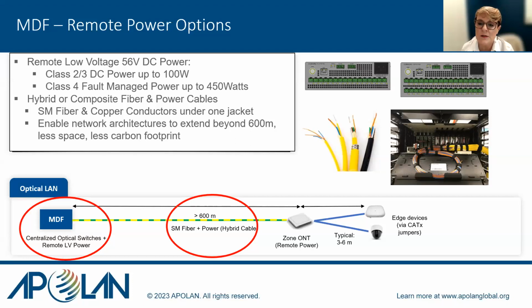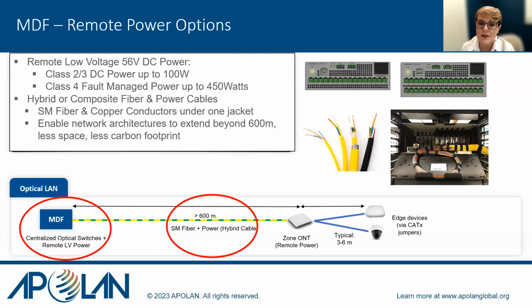So here you just see a couple options on the market today, and some photos of this hybrid cable with the fiber and the power under one jacket, which can be managed very effectively in traditional sort of network architecture apparatus.